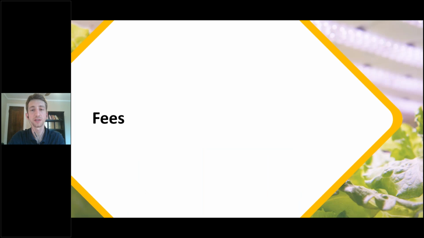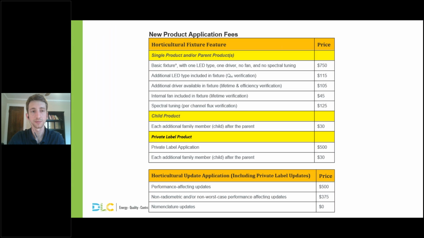Now I'll go through the different fees associated with these new application types. The fees are listed here on this chart and are broken up by the application and the features of the product. The first section details the fees associated with single product applications or with parent products within an application. For a family application, these fees on the parent products are applied for each parent product within the family application.